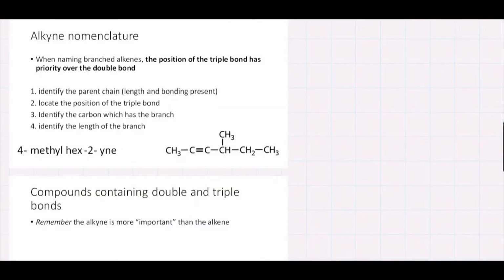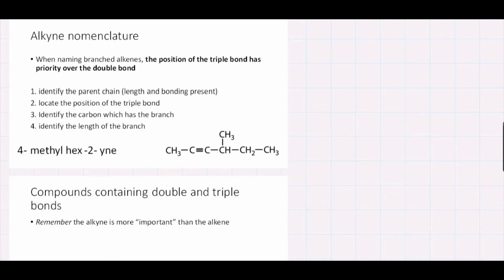So when naming alkynes, it's pretty much the same as we have been going through with nomenclature for alkanes and alkenes. We prioritize the position of the triple bond. So a triple bond is more important than a double bond is more important than a single bond. Your first job is to identify the parent chain, so the longest one.